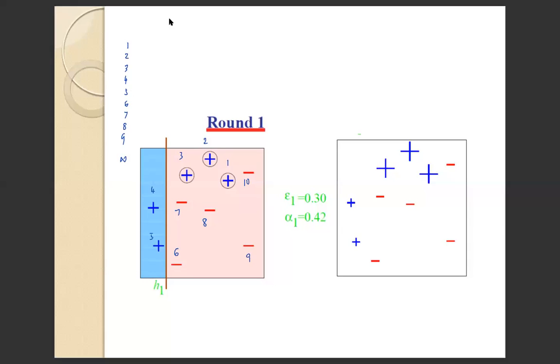So at the beginning, these are my observations, and my weight for everything is 0.1, 1 out of 10, right?